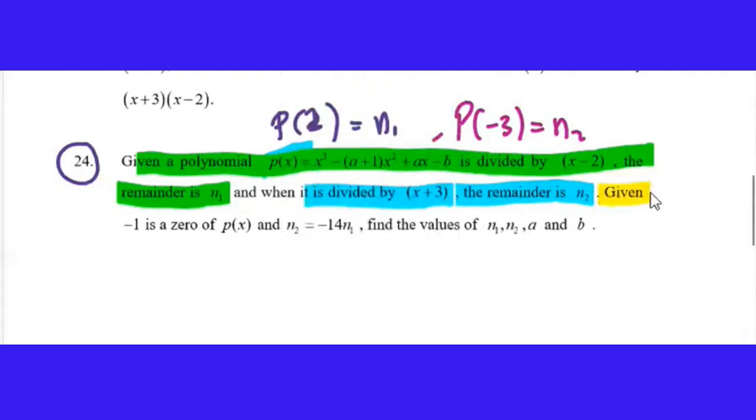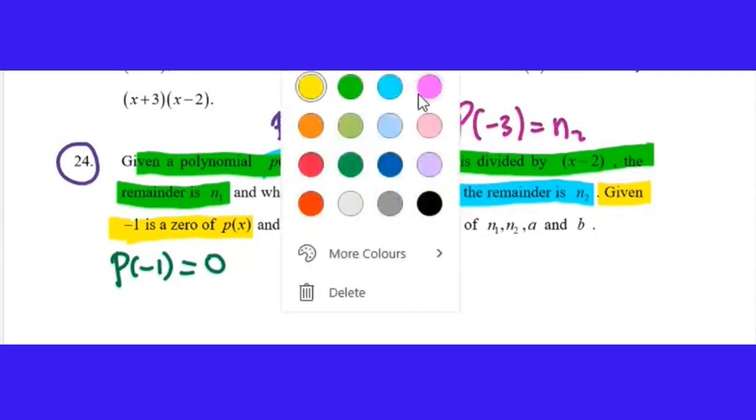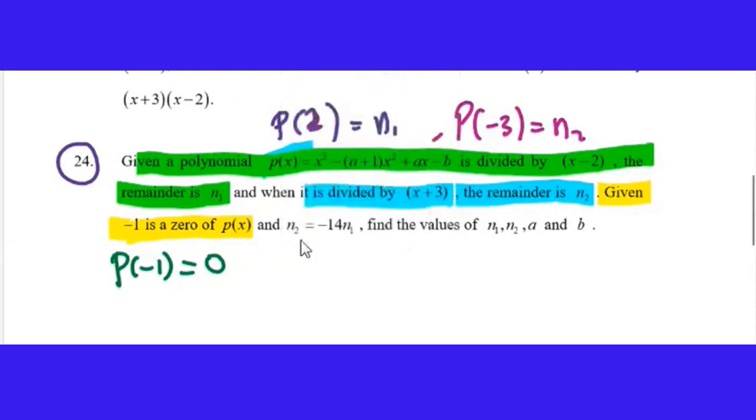Where given negative 1 is a zero of P. Siapa buat? P of negative 1 is 0. Good. Then dia pun bagi relation between N2 dengan N1.